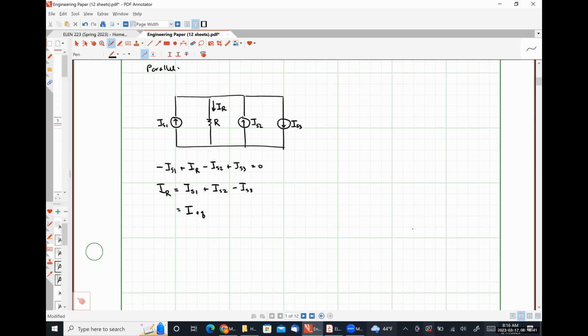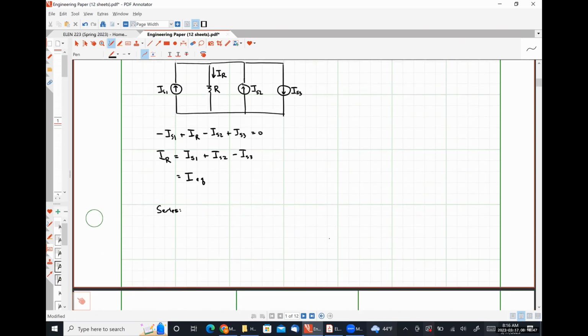If we have a series combination, we would have something like this. So here's IS1, some resistance here. Here's IS2.